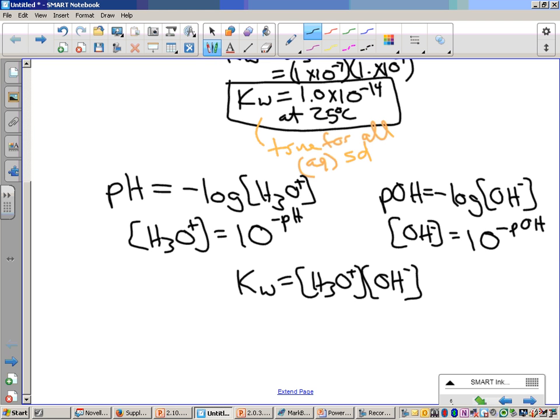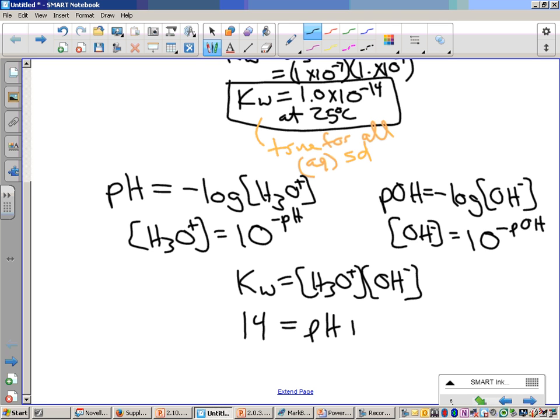I don't introduce that one to you in grade 11 because I have to tell you what a Kw is in order to do that, and you have no concept of what equilibrium is at that point, so it really has no meaning. I don't even like using this because if I take the negative log of this entire thing, and I've got a 14 in there, then I have the version that we're used to.